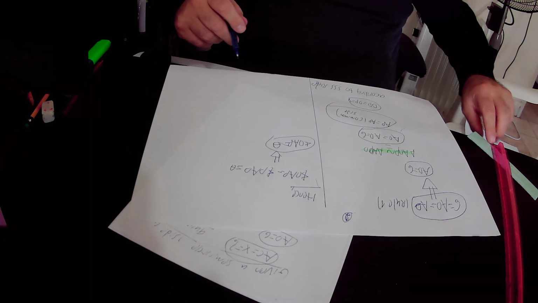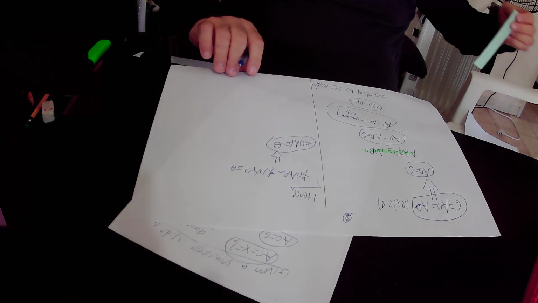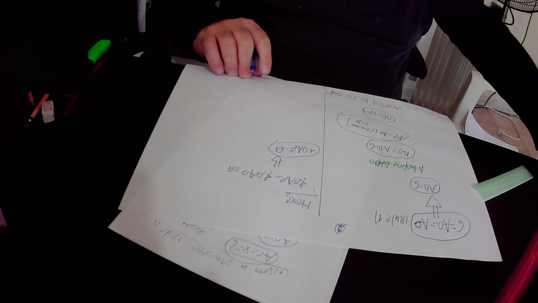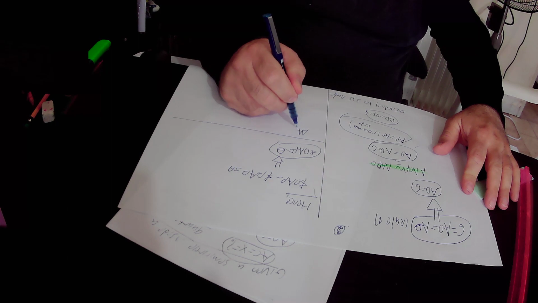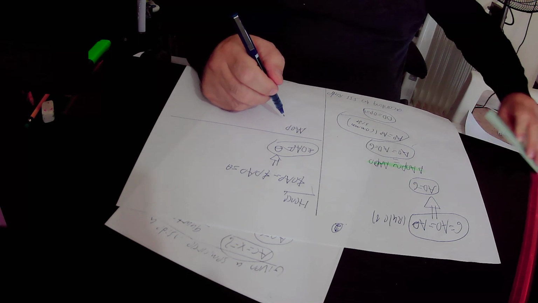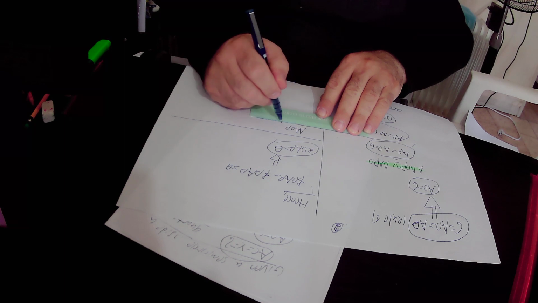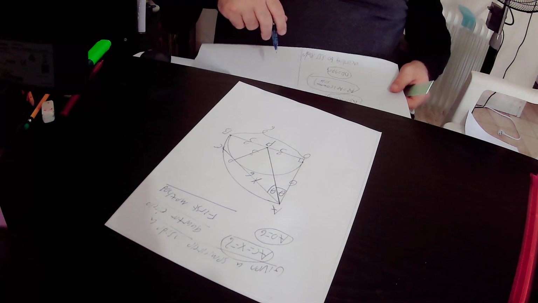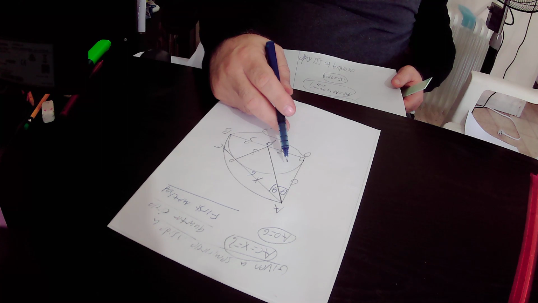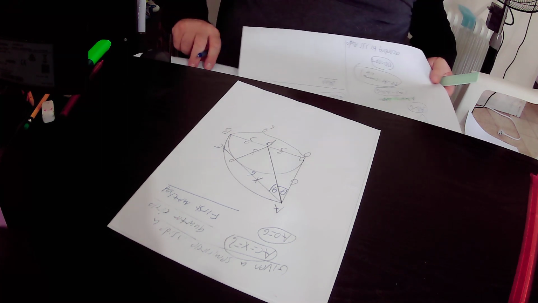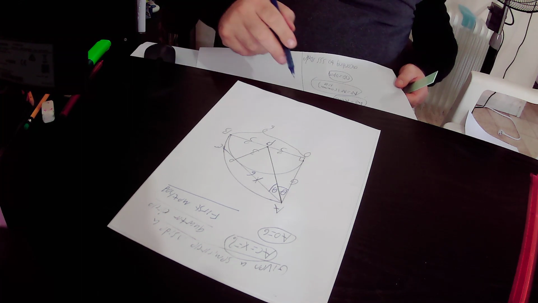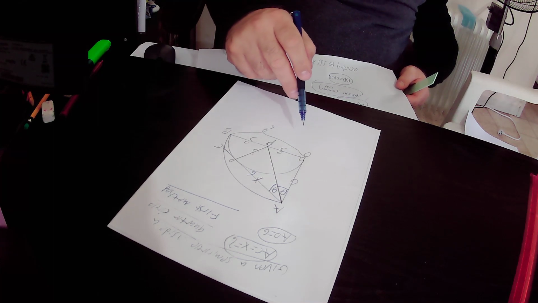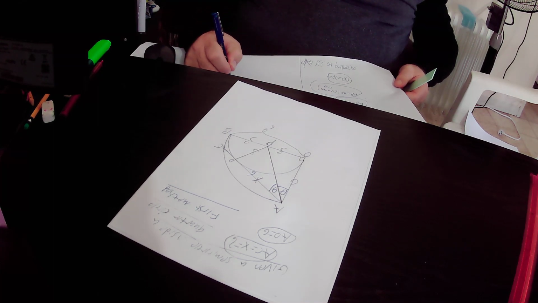On the right triangle AOP, tangent theta equals OP over AO.